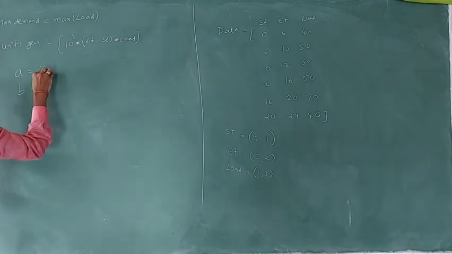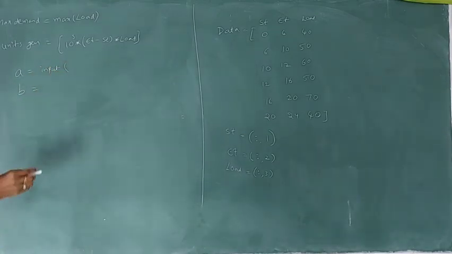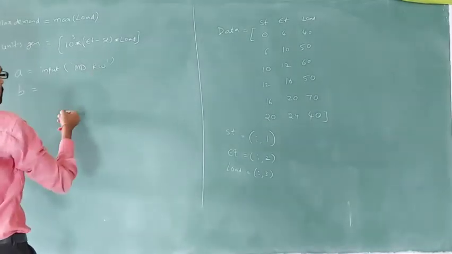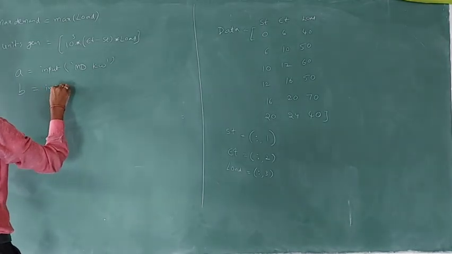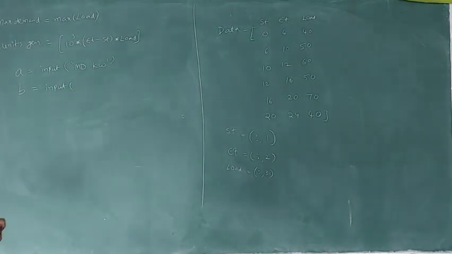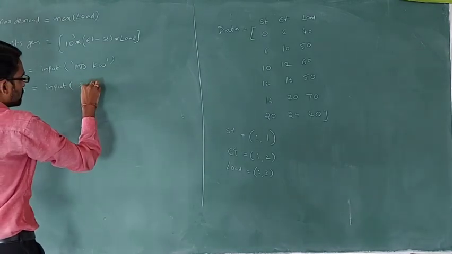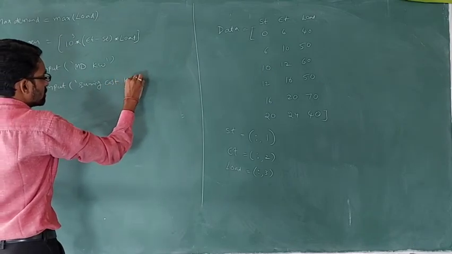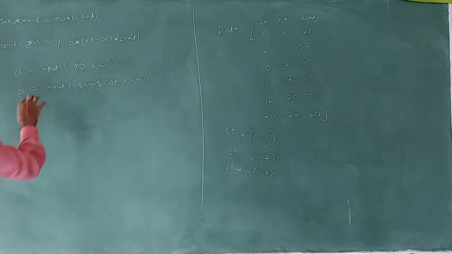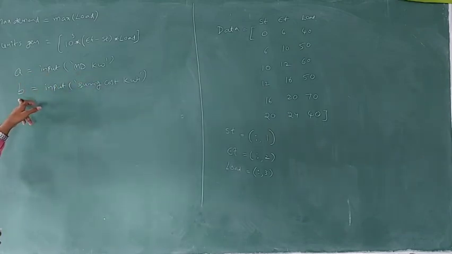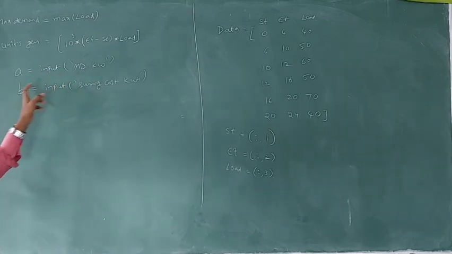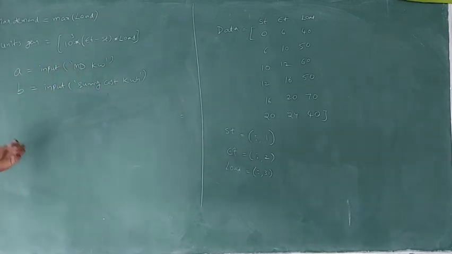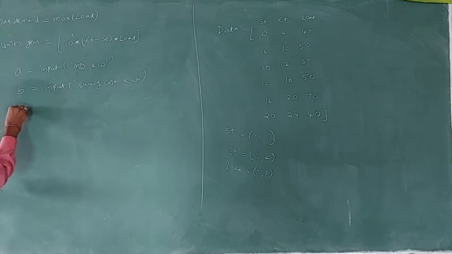Input maximum demand in kilowatts, and then input running cost coefficient in kilowatt hours. So you have to give the coefficient A of maximum demand in kilowatts, and B is the coefficient of running cost in kilowatt hours. Those values you have to give, so that it will calculate the bill.